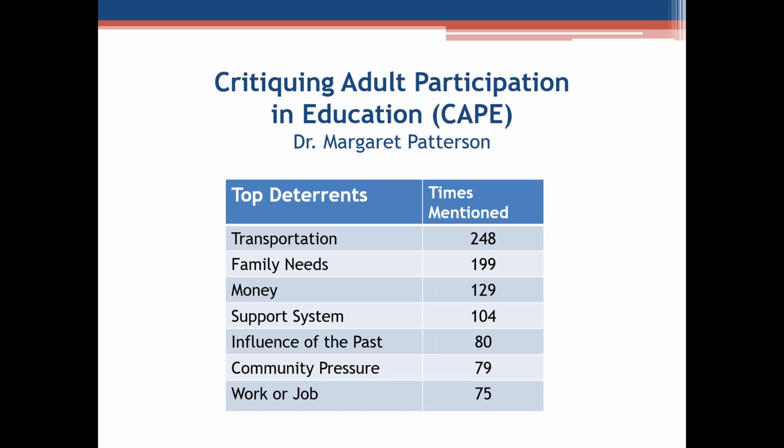Margaret took a look at deterrence to participating in adult education, and these are the rankings in terms of how frequently they were mentioned. Top deterrent was transportation, or lack of transportation, being a huge issue. This is probably not a surprise to a lot of programs.